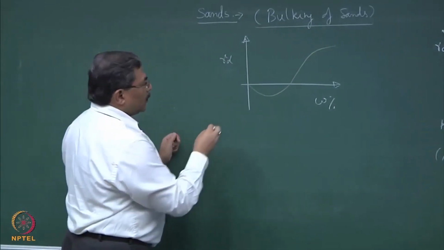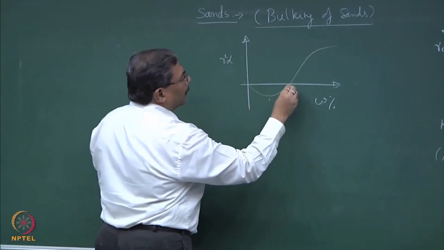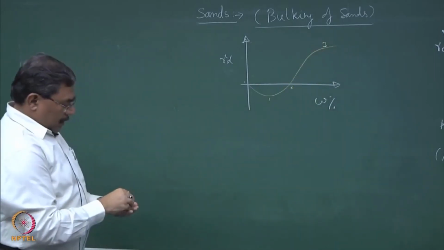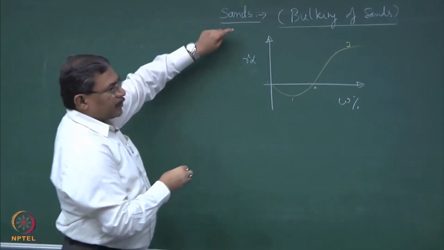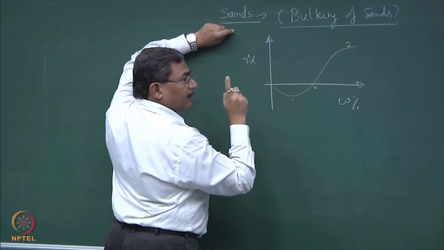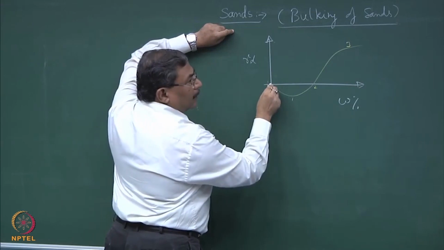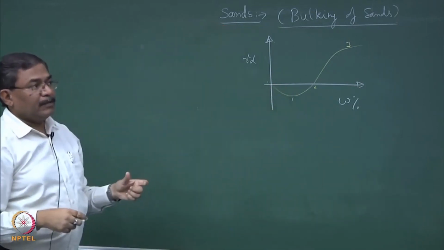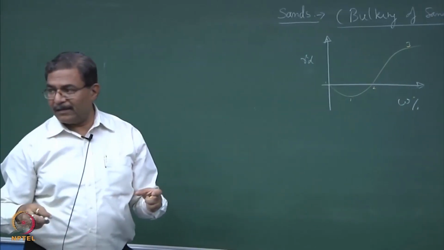What is the interpretation? When you add moisture to sands, fine sands, the density drop is because of the surface tension. Clear?